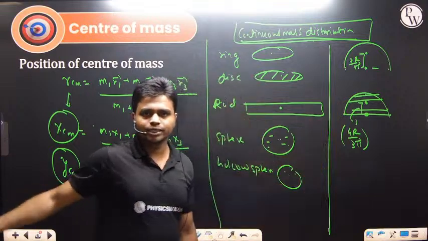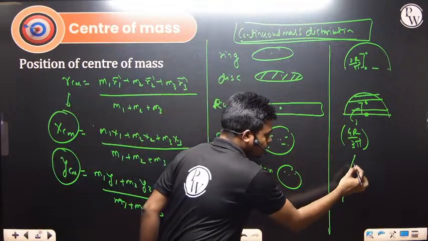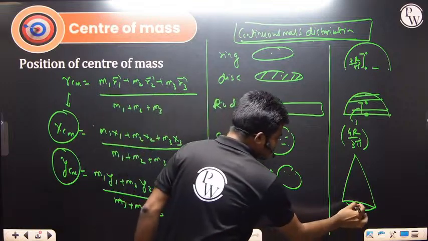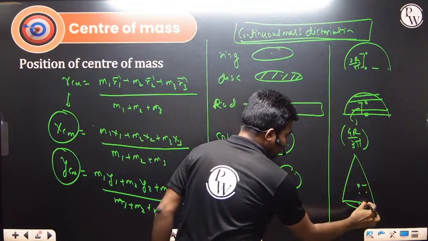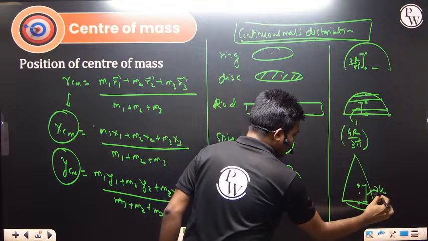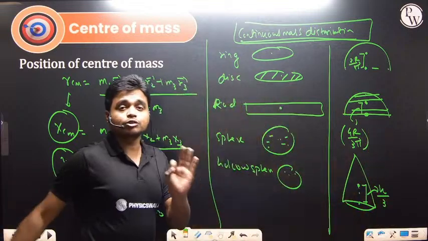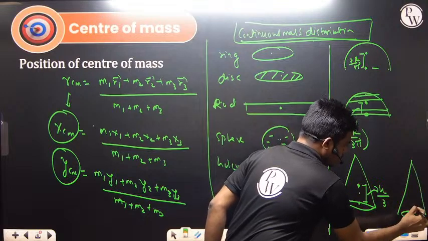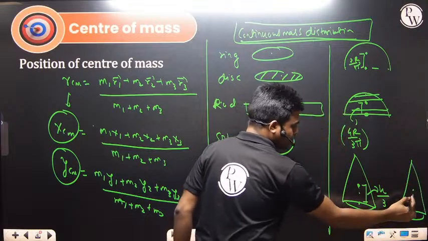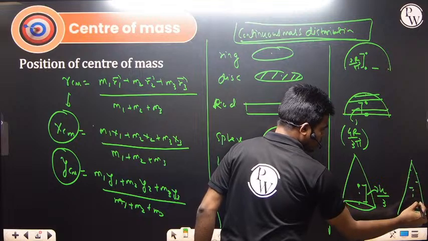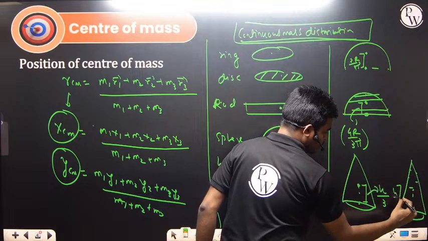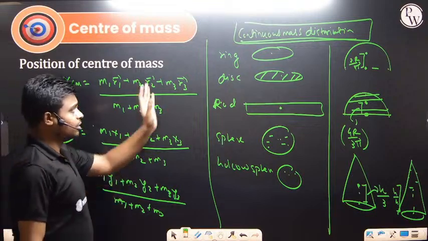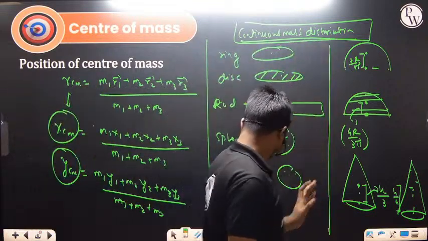For a hollow right circular cone, the distance of the center of mass from the base is h by 3. For a solid cone, the distance of the center of mass from the base is h by 4. So these are the different formulas for center of mass and continuous mass distribution.